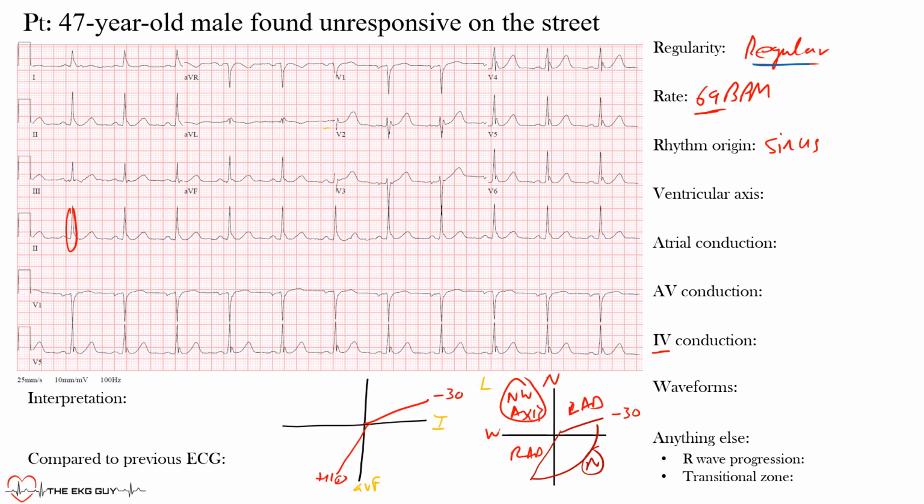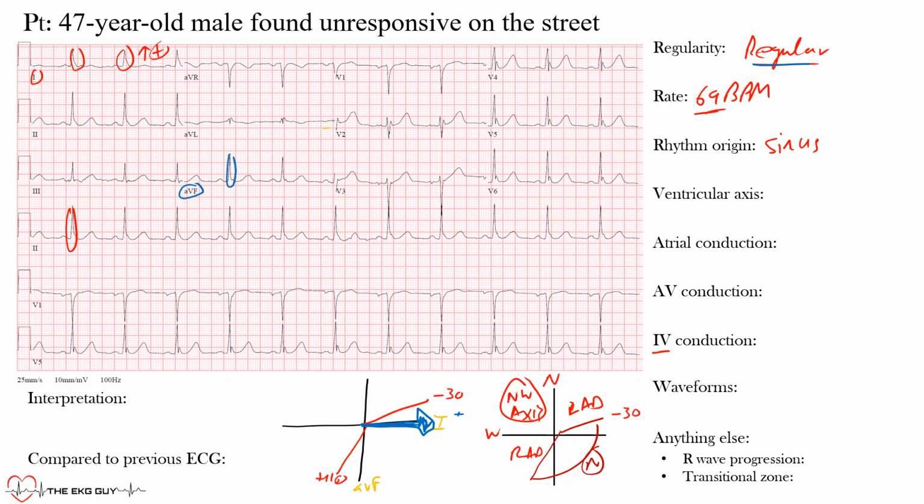I'll erase AVL because we'll hold on to that one from using it. So here's lead 1. Notice that these QRS complexes are mostly positive above the baseline, meaning that we are going to head towards the positive end of lead 1. So far so good. Next we look at AVF.